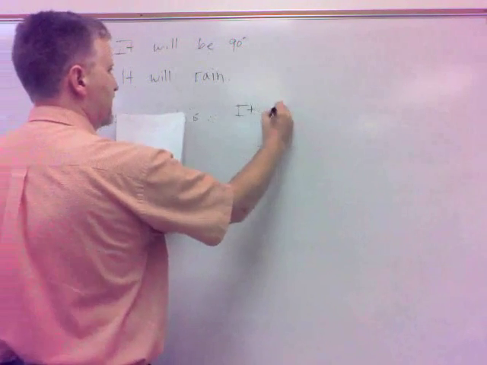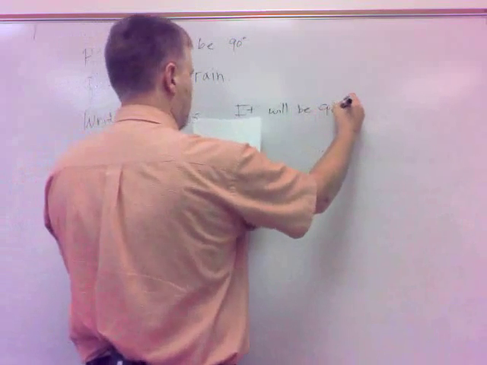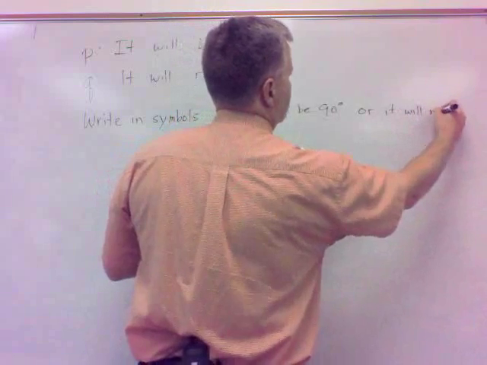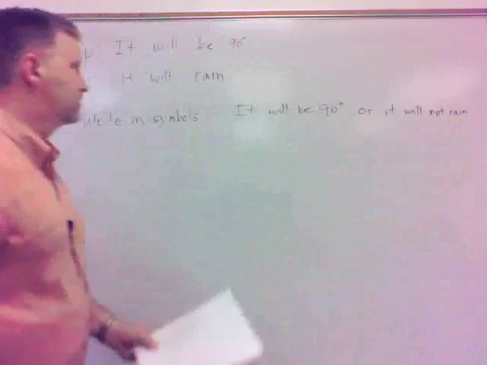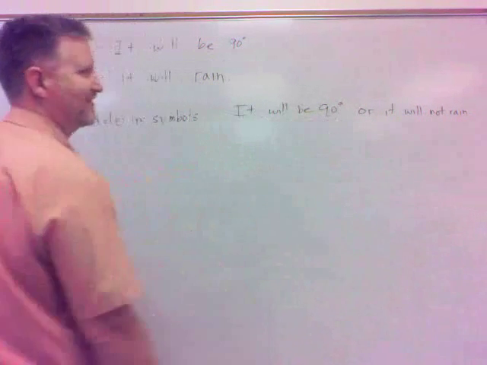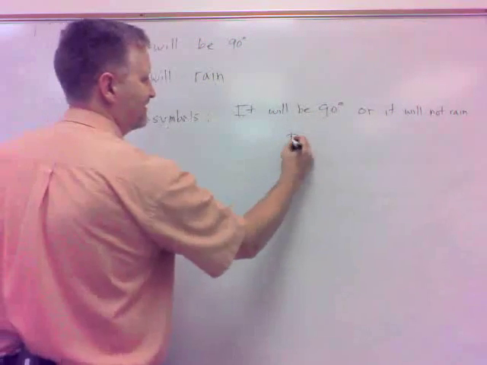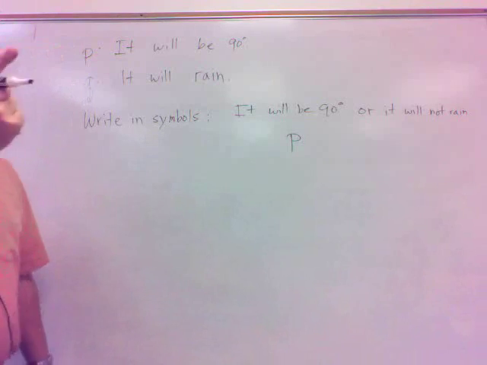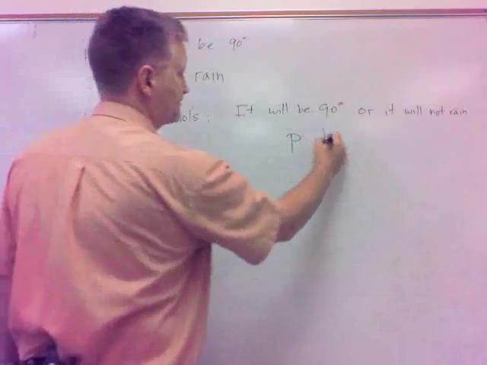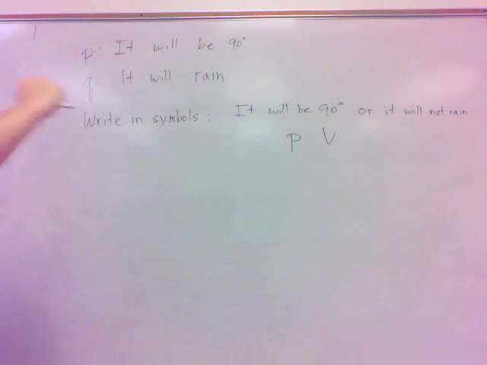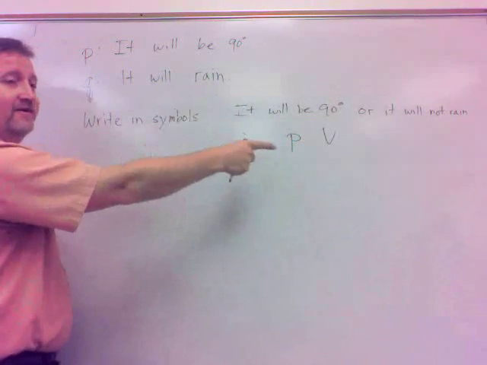It will be 90, or it will not rain. What would that be in symbols? Well, this is P. Or, what symbol is that one? Or in logic is the V. And it will not rain would be, what would that be in symbols? Well, that's the opposite of the Q, isn't it? So what would I write? Squiggly Q.